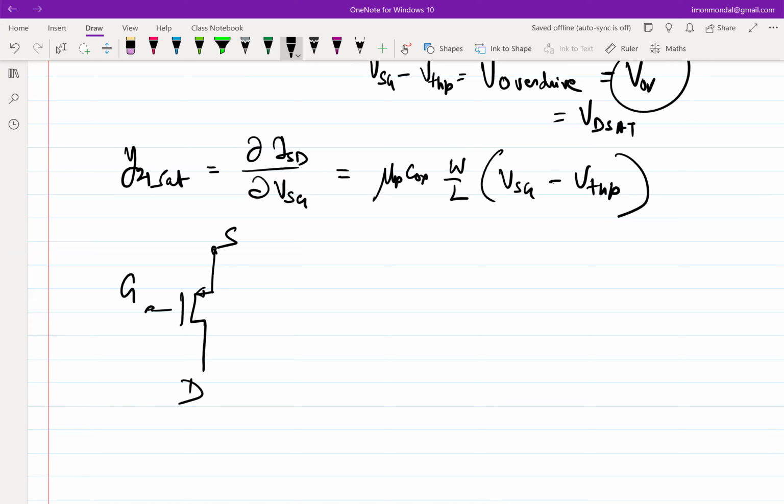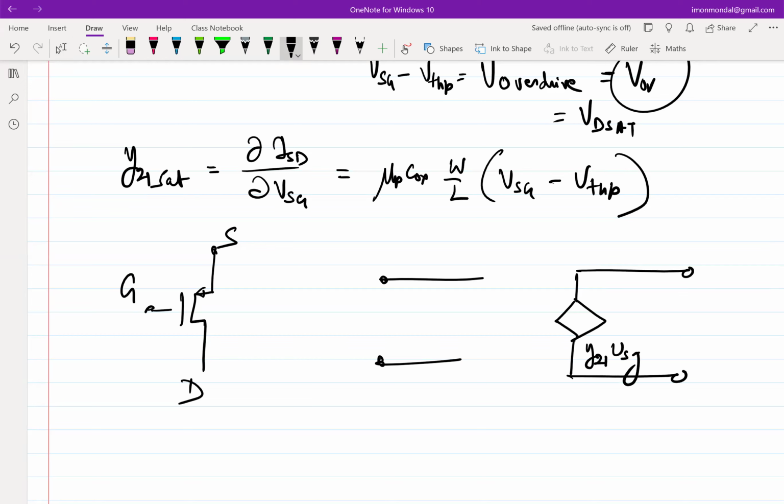When biased in saturation, this should be Y21 times VSG. Let's say we have to call something a source. Let's say we call the top side source to match the figure.